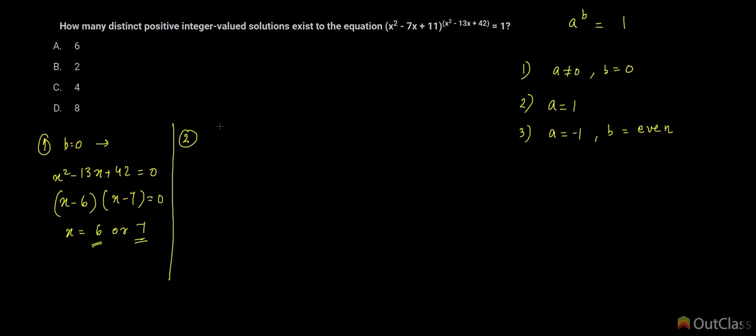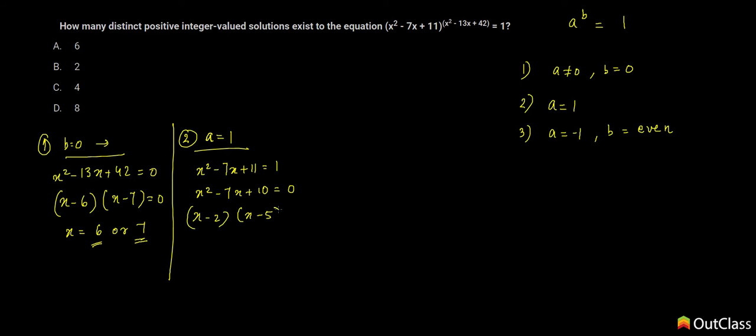Case 2, a equal to 1. That's when x square minus 7x plus 11 is equal to 1, which gives you x square minus 7x plus 10 equal to 0. This is x minus 2 into x minus 5. X equal to 2 or 5. So nothing to check here. Both of these will work.